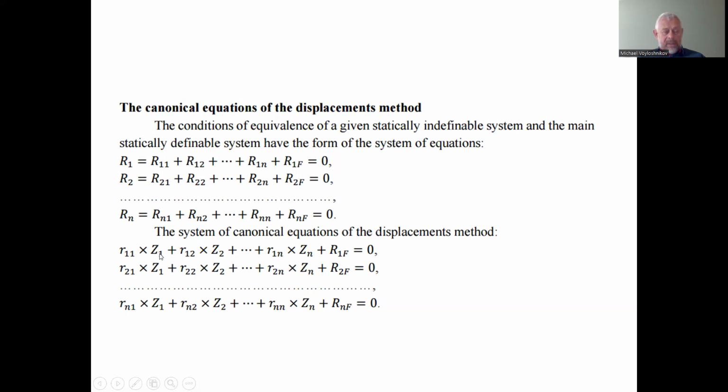And at the points of conceptual installation of the extra connections, we have the displacement from the solution of the system of canonical equations under the assigned load for the assigned system, not for the main system. This acts and deforms the system, and we can solve this equation, so we can find the displacements.